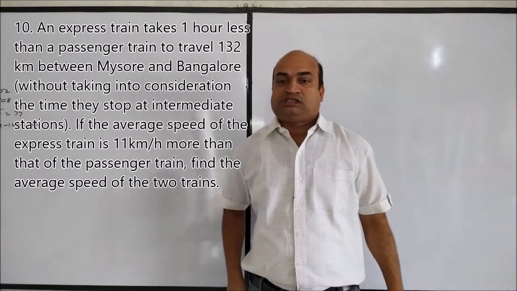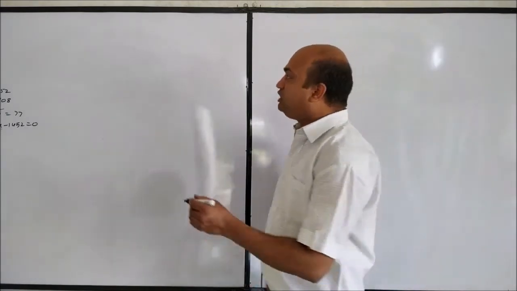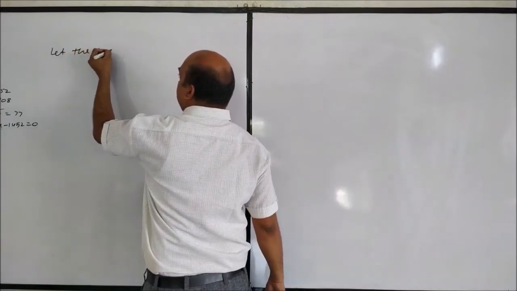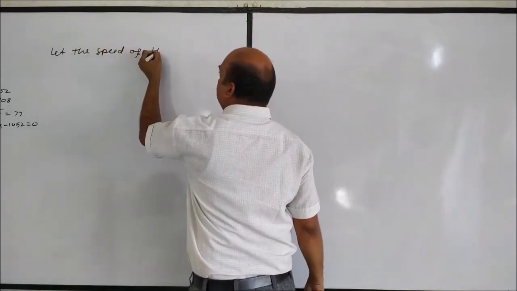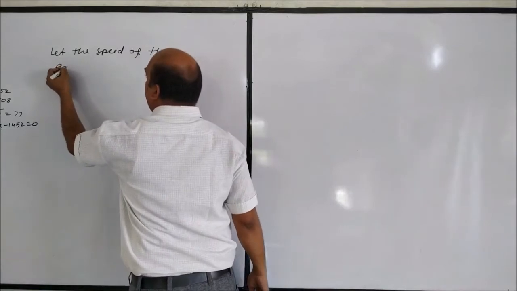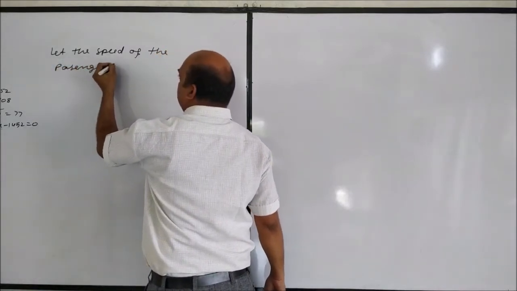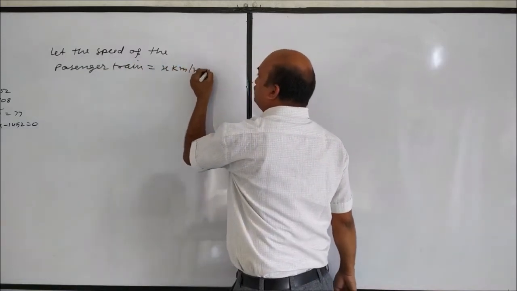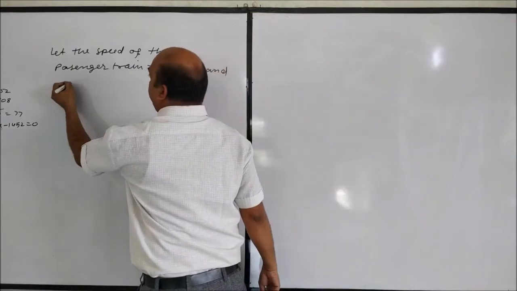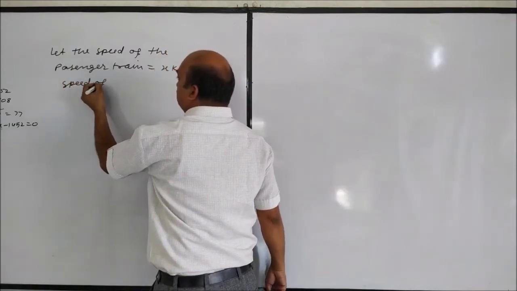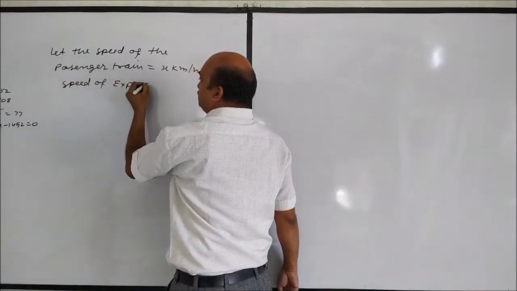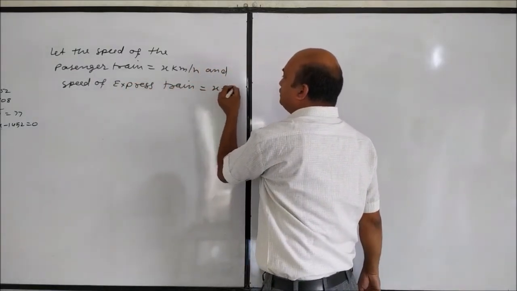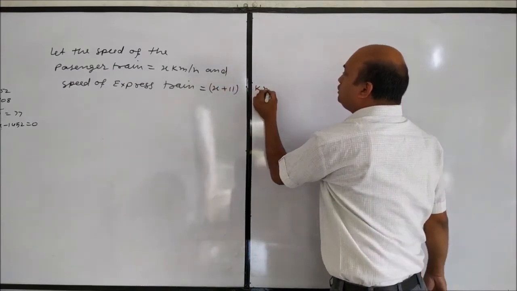We consider the speed of the passenger train as x km per hour. We write, let the speed of the passenger train is equal to x km per hour and speed of express train is equal to x plus 11 km per hour.